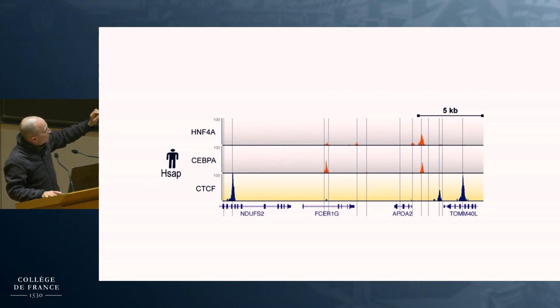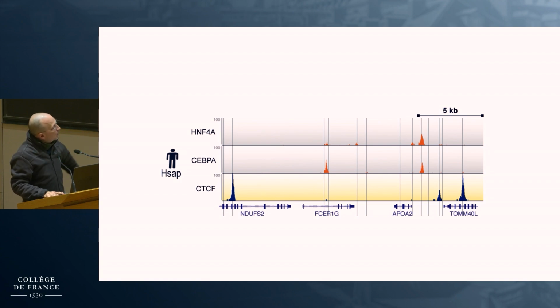For example, this is the ApoA2 locus, which is a liver-specific gene required for liver homeostasis. HNF4 alpha and CEBP alpha are tissue-specific transcription factors sitting inside of enhancers, and you can see that this locus is bounded by very strong CTCF flanking it to either side.